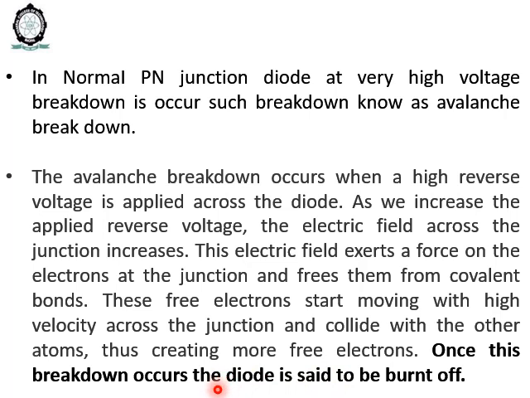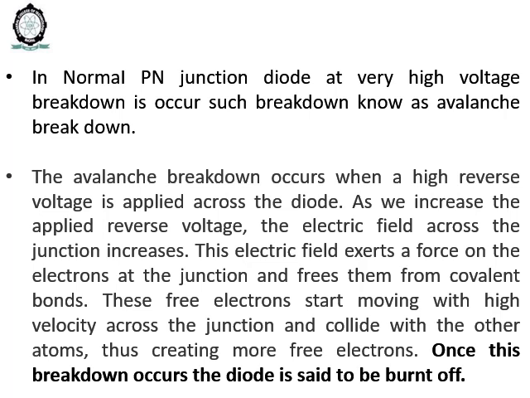We know that in the depletion layer, the electrons and holes coincide with each other and form a neutral layer. The depletion layer is basically a neutralized layer. So when we apply a very high voltage in the reverse situation, the covalent bonds break down, and electrons gain high energy due to the applied voltage. This high-energy electron moves inside the depletion layer and produces more and more electrons by breaking covalent bonds.